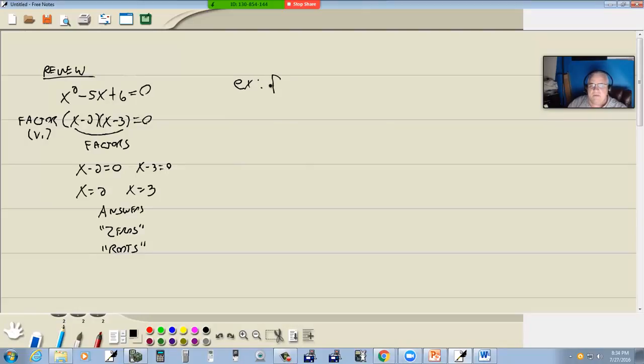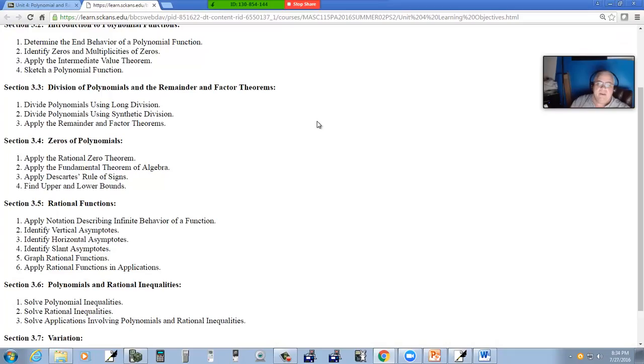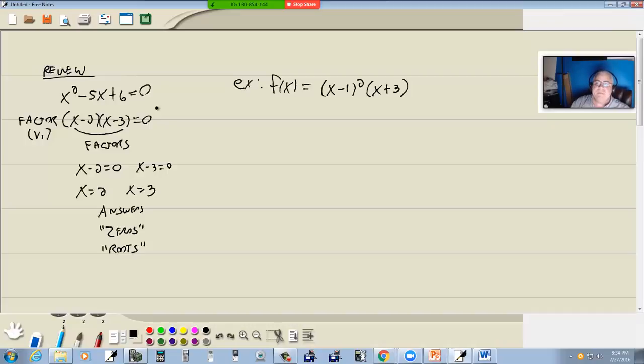If I had this problem, f of x is equal to x minus 1 squared times x plus 3. And they're wanting us to identify the zeros and multiplicities of the zeros. So we're going to find this on this topic right here. Well, we found zeros over here. It looks like to find zeros, you're going to set it equal to 0 and solve it.